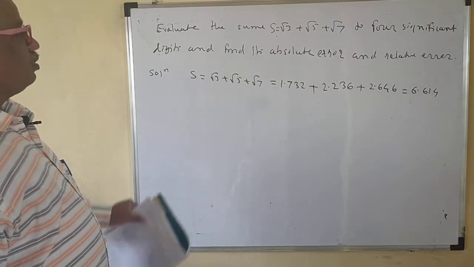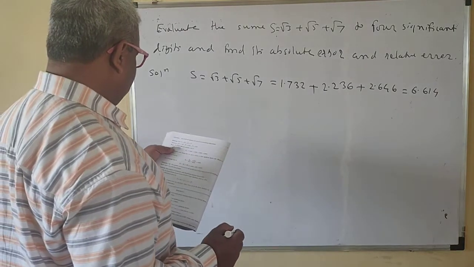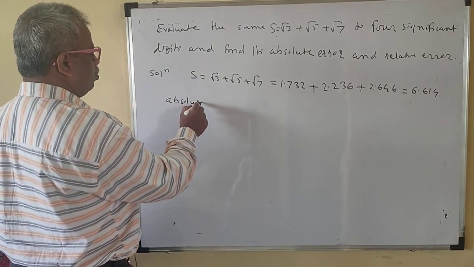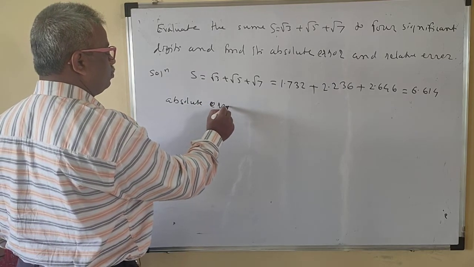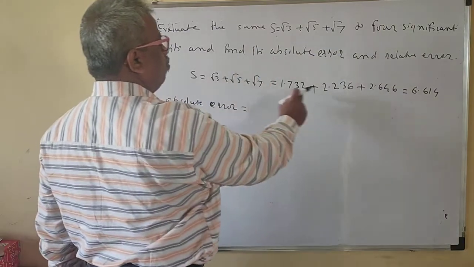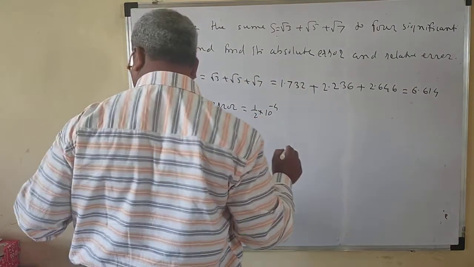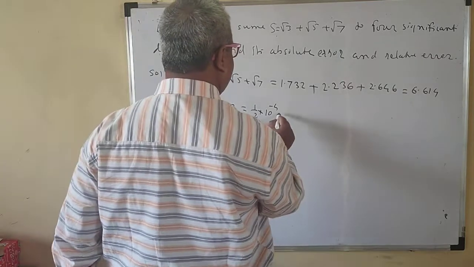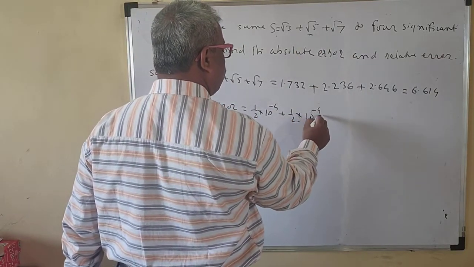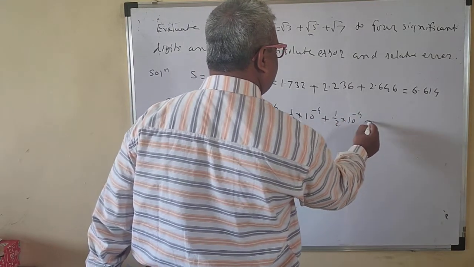This is your S. Okay. Now you have to find the absolute error. For this one, 4 significant digits means 10 raised to minus 4. Plus for this one again 10 raised to minus 4, half into 10 raised to minus 4. Right?